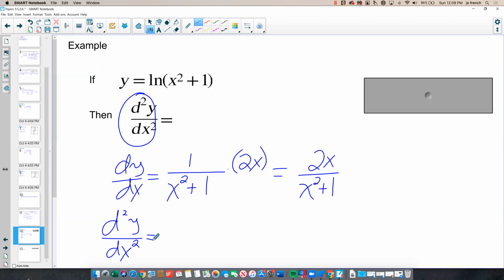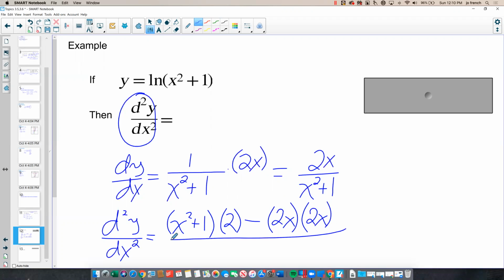Using our rhyme, low, x squared plus 1, d high, times 2, derivative of 2x, minus high d low, so 2x times the derivative of x squared plus 1, which is also 2x, over the square of what's down below. And for a free response question, we could stop right here.